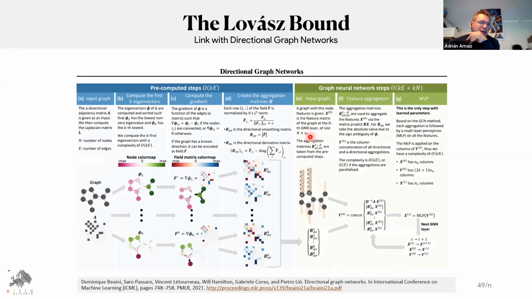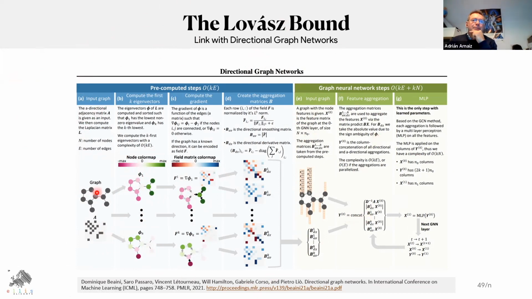So here I put one of the figures in the paper. What they do is take the original graph and map the color, which depends on the value of the eigenvector, and then use the computed gradient to improve the diffusion process. But look at this case.